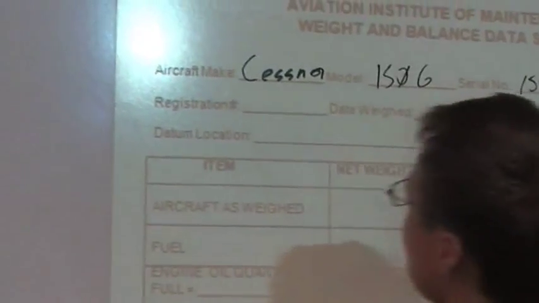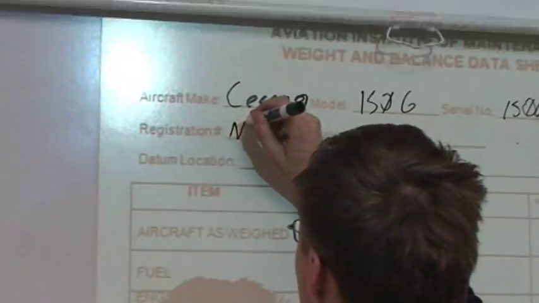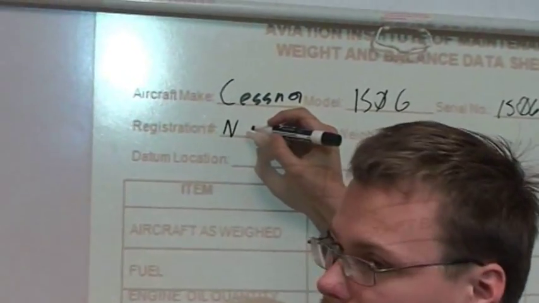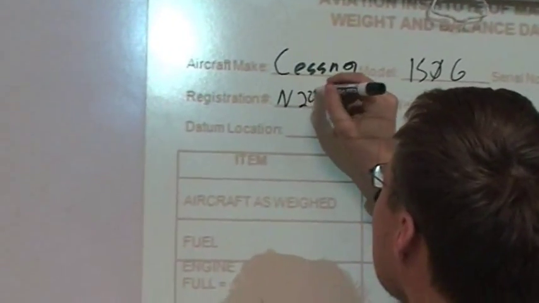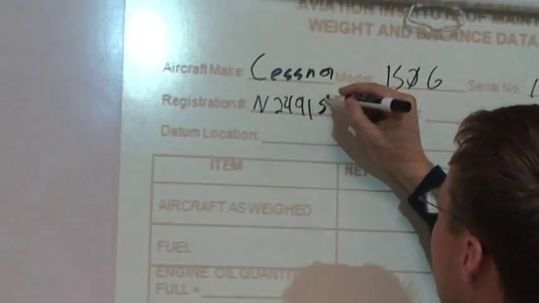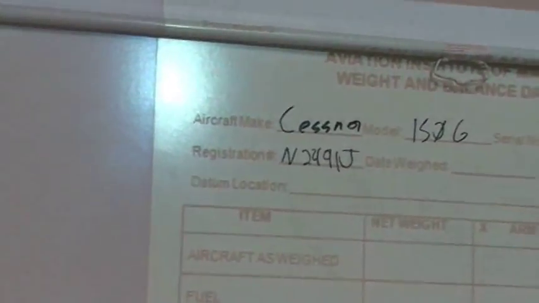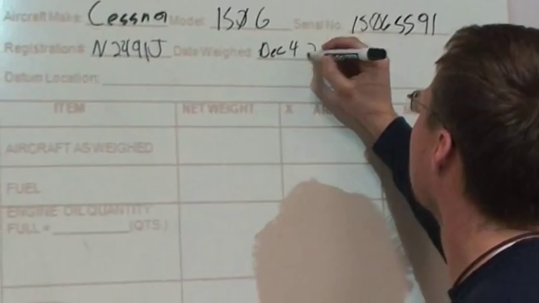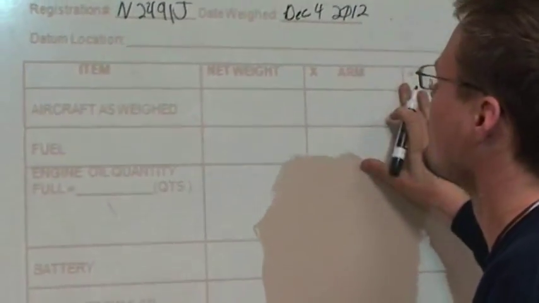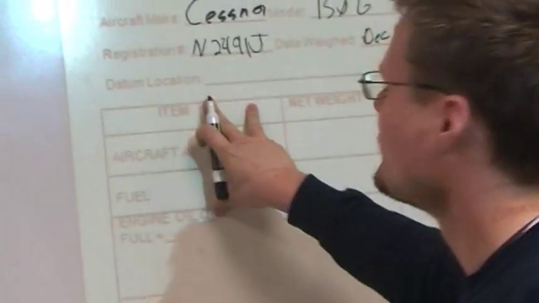Alright, and the registration, which is also called the N number, is N2491J. And the date that it was weighed, December 4th, 2012. Datum location, front face of the firewall.